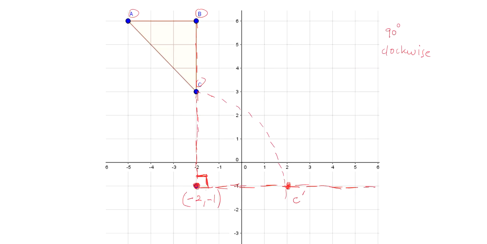Let me just check something here. So when we draw the arc, we're going to get something looking like this. And where it intersects this line, this will be B prime.